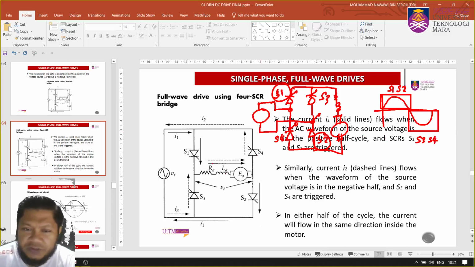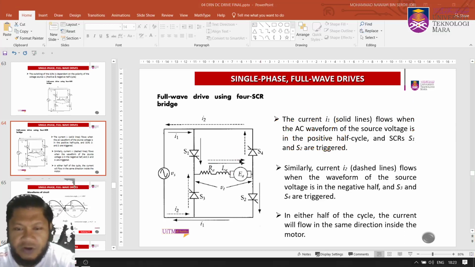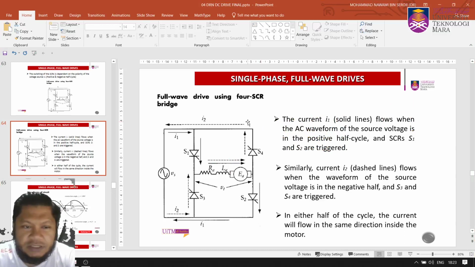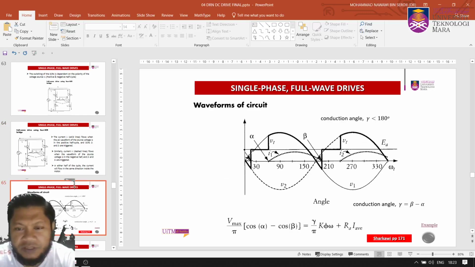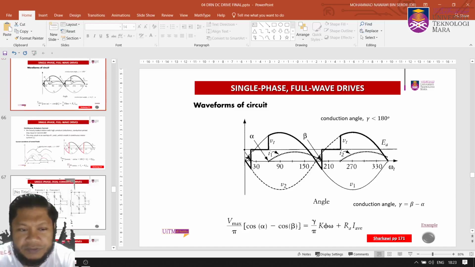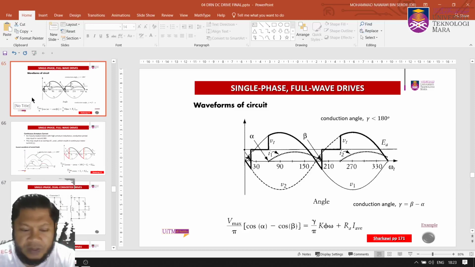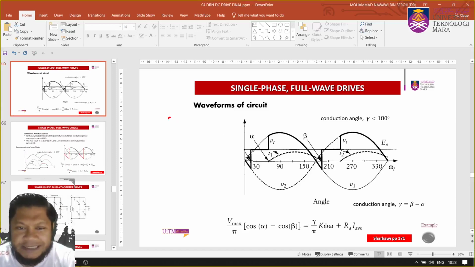Current will only flow in that direction. So therefore we actually have two quadrant operation. The previous half wave is one direction, one quadrant, and for the full wave we have two quadrant operation. And this is the case of discontinuous current operation.